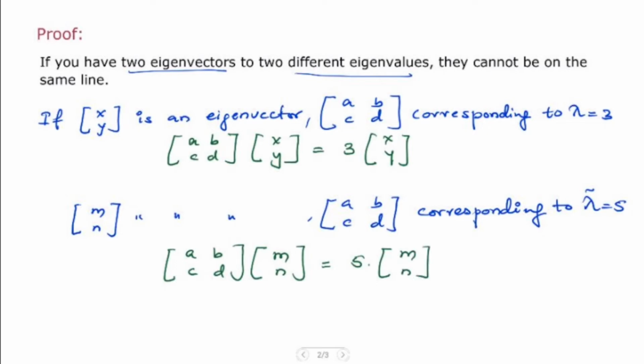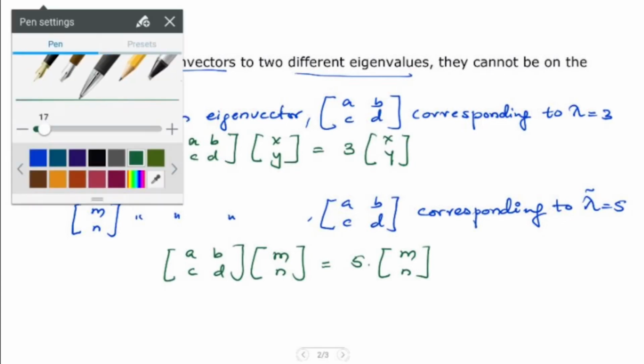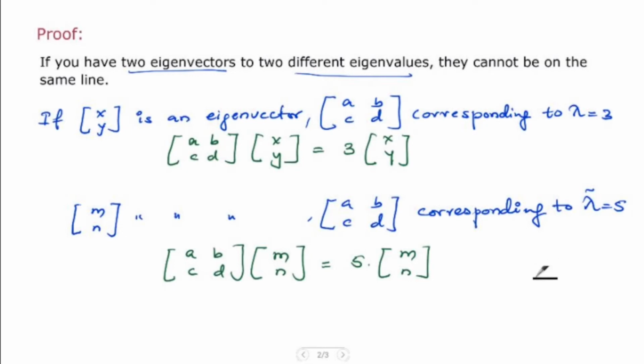And as per our statement, graphically if I show you, it says that if here you have x and y, and you have the vector x, y here, and on this side here we have the vector m, n.